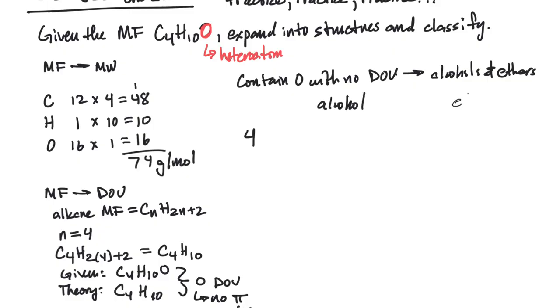Then over here, we'll say ether. Now what we're doing is taking that formula and drawing structures that have either an alcohol or an ether present. We'll see some best practices in doing this so that we get all the possibilities, but also that we don't repeat anything we've already done.